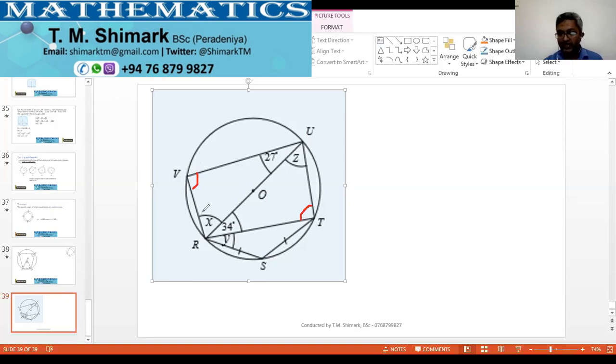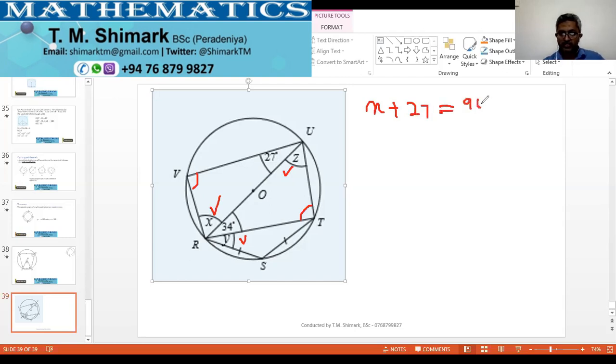So use that. You can find x here, and you can find z here. If you find z and x, you can find y, right? Z and x are just straightforward answers, but then y, how will you find it? X plus 27 plus 90 equals to 180, so 90 will go to the other side.